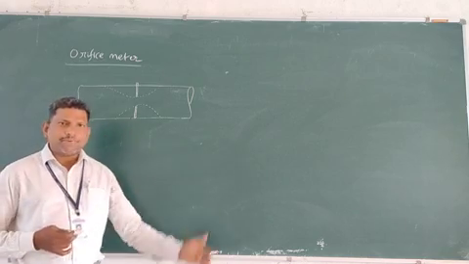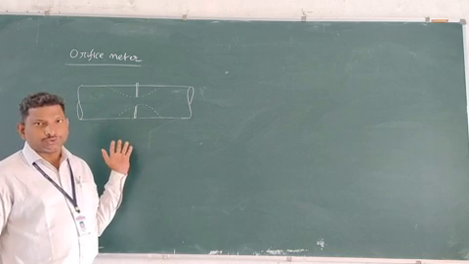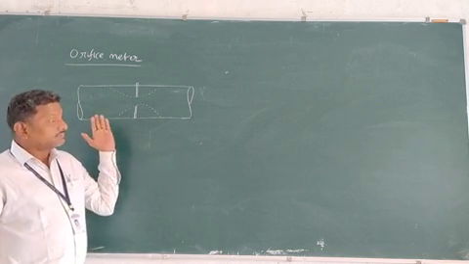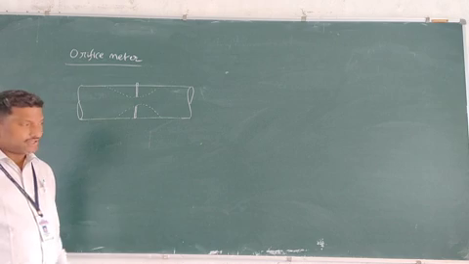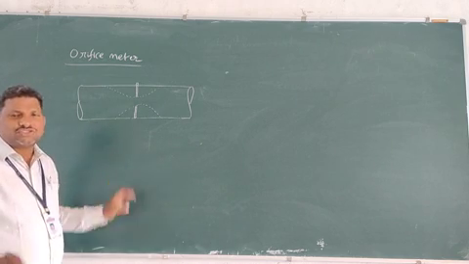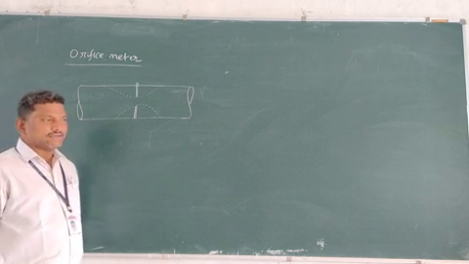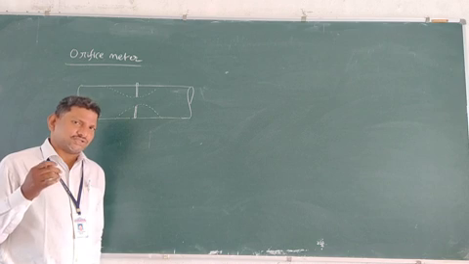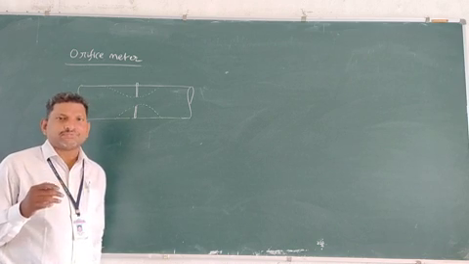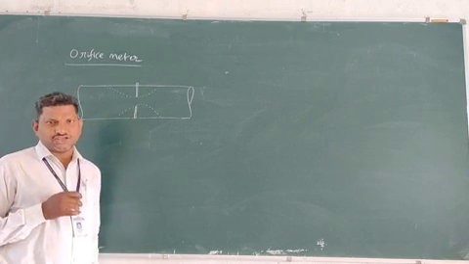When we compare the venturi meter and the orifice meter, the orifice meter is the cheapest device, and the venturi meter is a costly device, and it has a higher coefficient of discharge value.